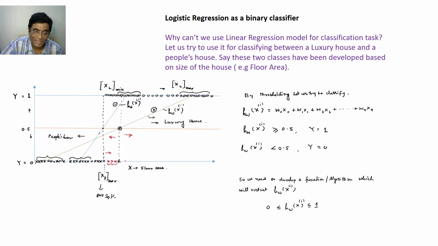You can see, because they have not crossed this threshold. Only here, say it could be 1000 square feet, I do not know, this regression line will classify them as luxury house. Here, they're classified as people's house, which is wrong, isn't it?